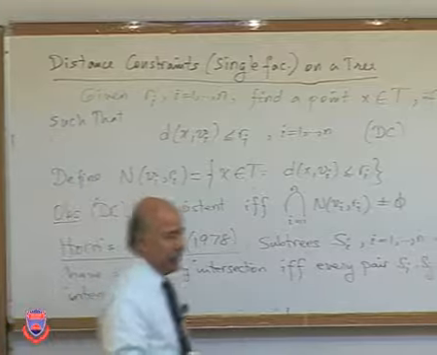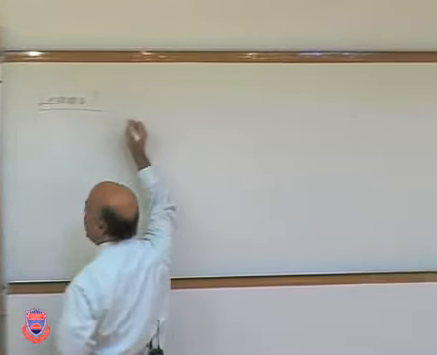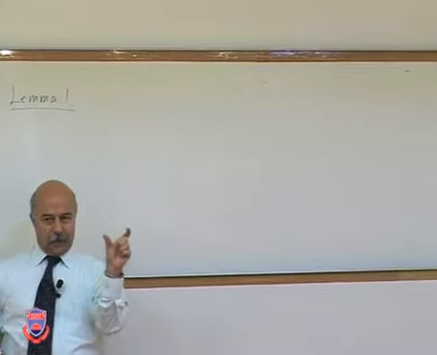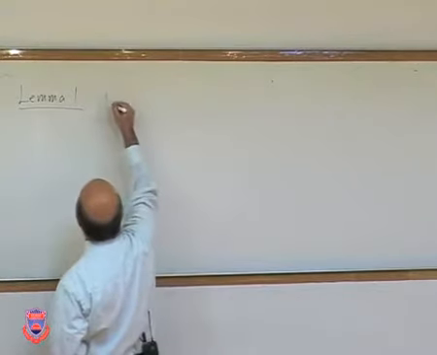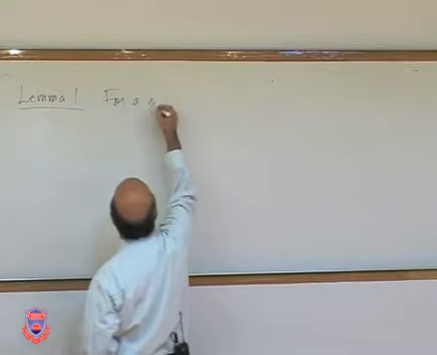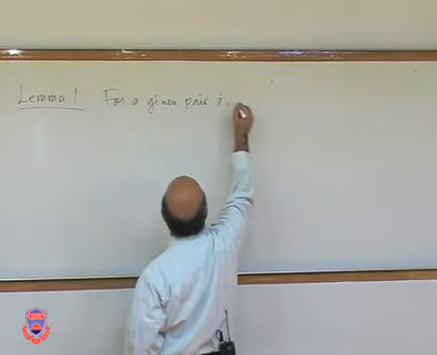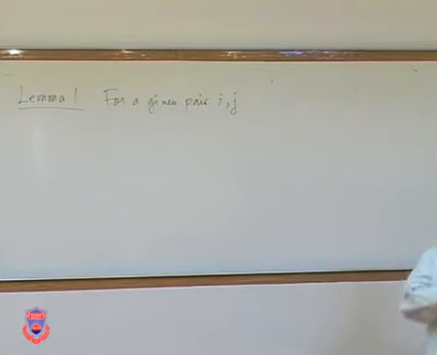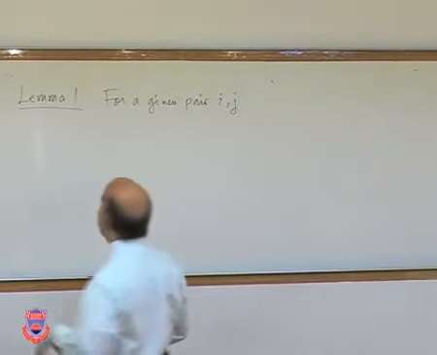Oh, okay, the lemma. The lemma is simply a connection between neighborhood intersections, pairs of neighborhood intersections, and the distance constraints. So it simply says that for a given pair of indices i and j, this is for a fixed pair. We don't have n choose 2 pairs. Only one pair, a single pair under consideration.